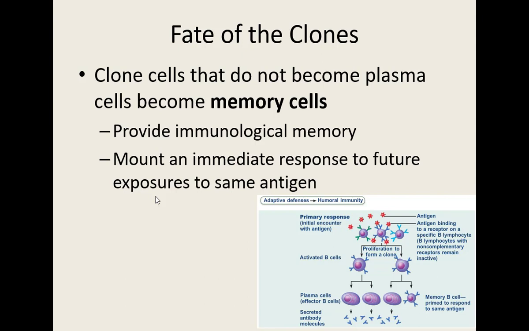Which means you're going to be sick, because at that point the bacteria is growing like crazy, or the virus is growing like crazy, and you're not really doing anything about it yet. However, a memory cell, because it now knows how to make these plasma cells to churn out the right antibody, can start churning out huge numbers of antibodies within days instead of weeks.